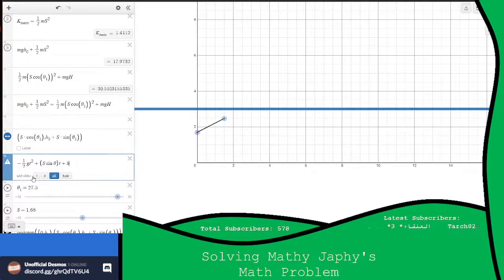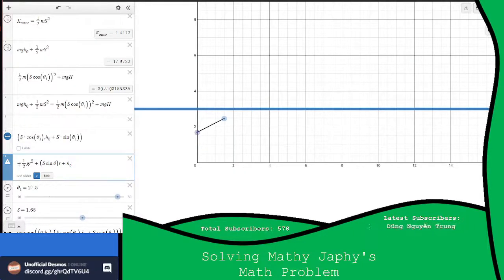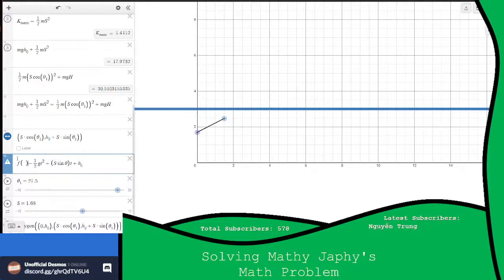Okay, so it doesn't know what t is and doesn't know what h is. Oh, h is not... Okay, and it's a function of t, so all I gotta do is t is equal to... Oh, sorry, theta. There we go.